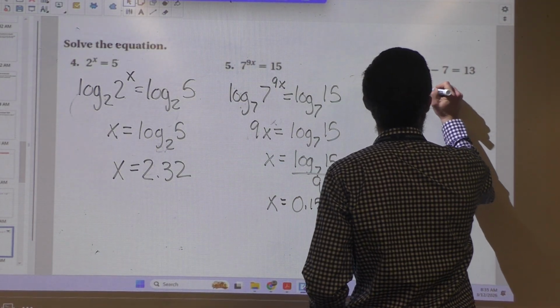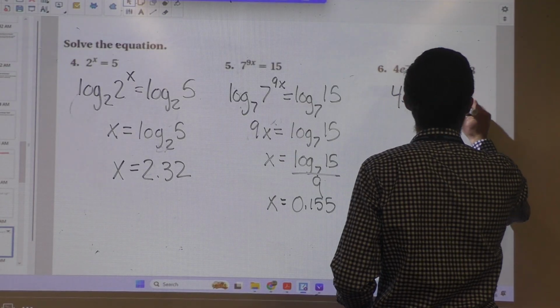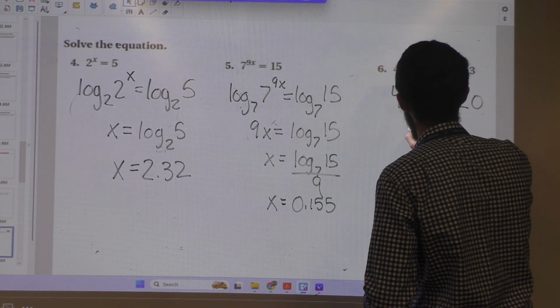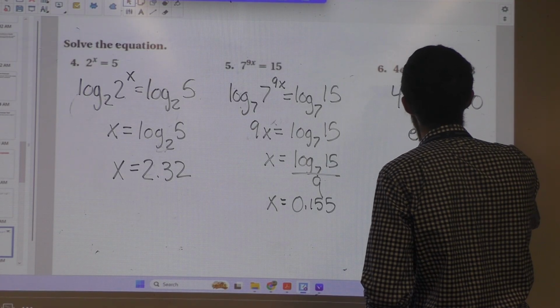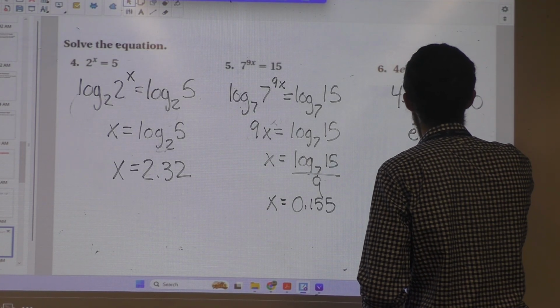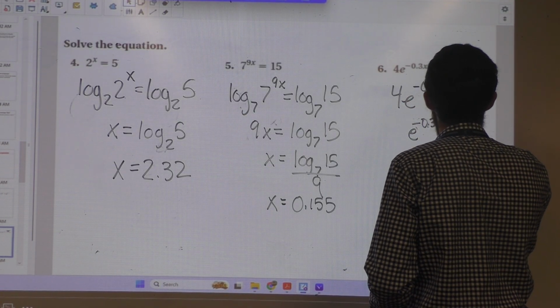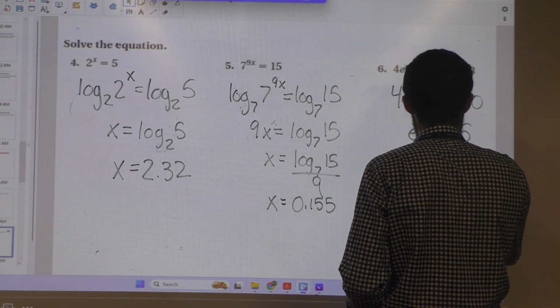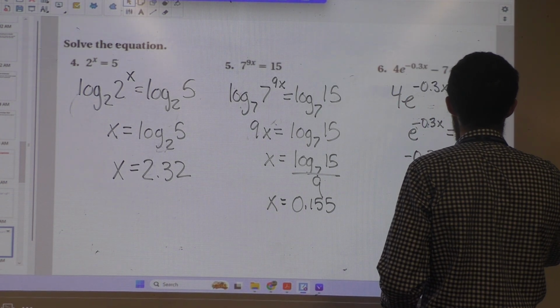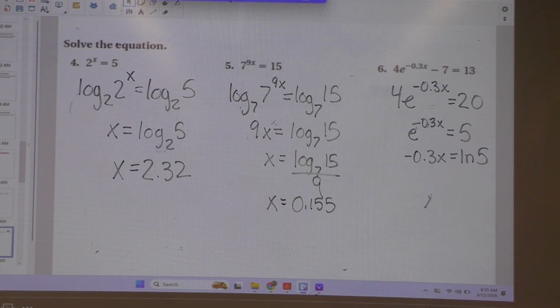4e to the negative 0.3x equals 20. I'm trying to isolate the exponential expression right now. e to the negative 0.3x equals 5. Negative 0.3x equals ln of 5. I want to always show that step.